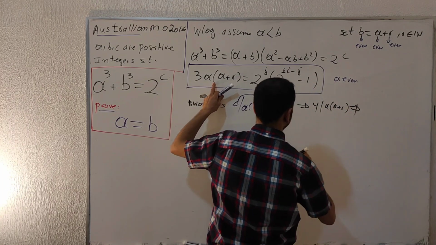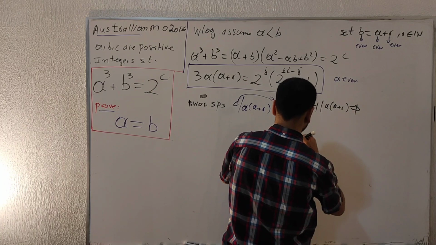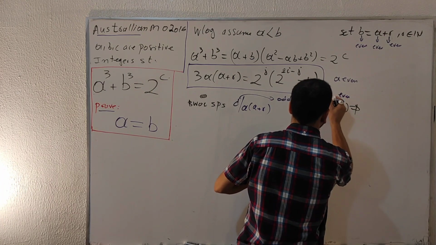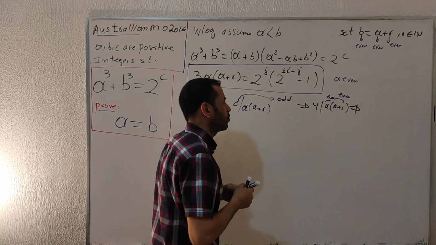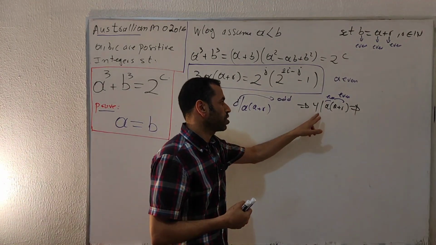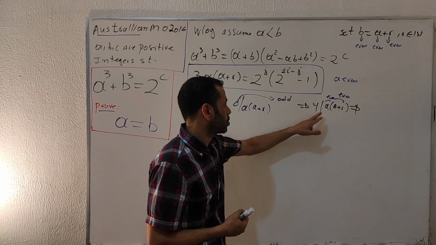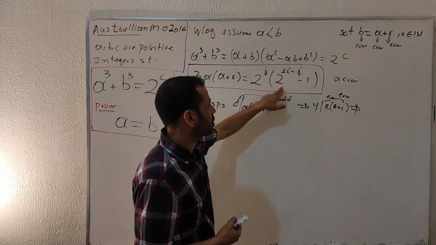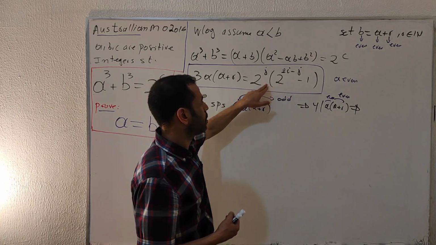This implies, because this one is even and this one is even, the product of two even numbers is always divisible by number 4, so the right hand side of this equation is divisible by number 4.